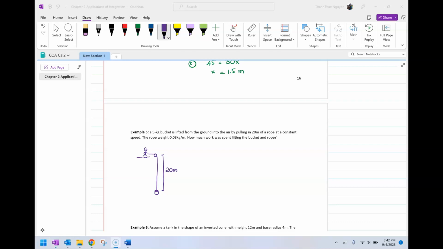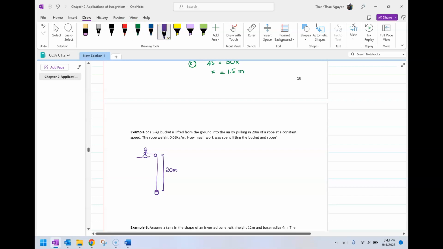So there are two things happening in this problem. We have to figure out the work required to lift the bucket, and then the work required to lift the rope as well. So let's start with the bucket first.